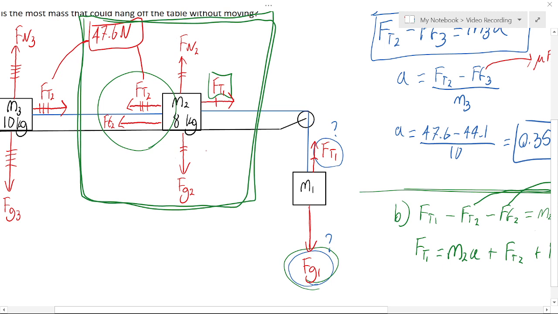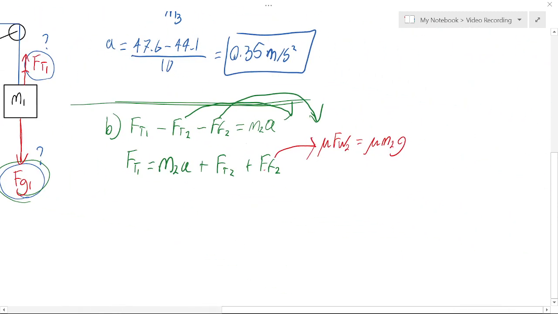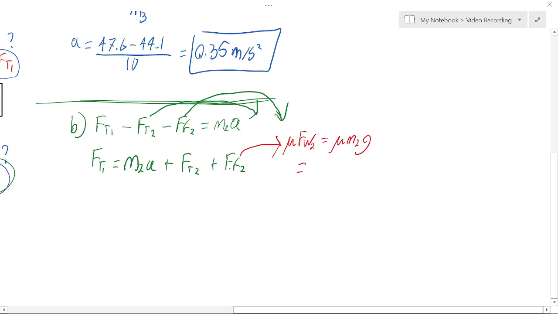So Fn equals Fg, Fg equals m times g, and we end up with 0.45 times mass 2, which is 8, times 9.8, and we find FF2 equals 35.28 newtons.